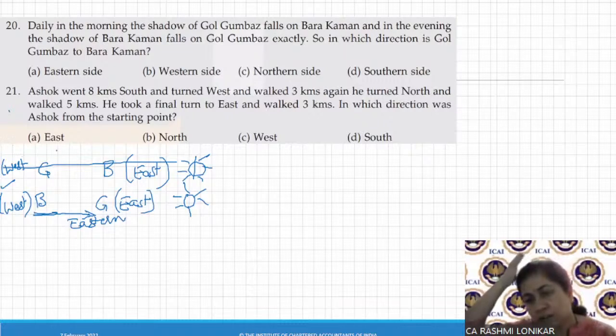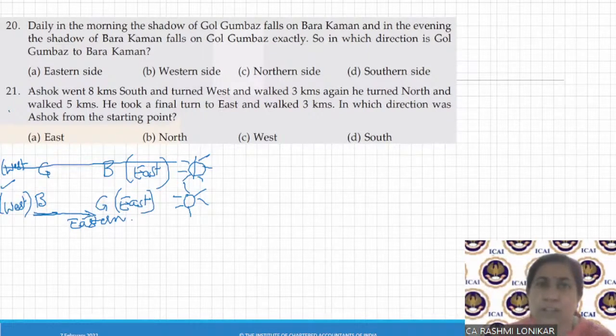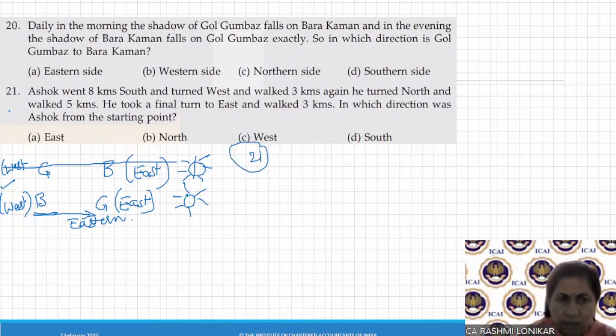Okay. So we had these two options. In the first option, Bara Kaman's shadow will fall on the Gol Gumbaz in the morning. But that is not the case. They are saying in the morning, Gol Gumbaz's shadow will fall on the Bara Kaman, and that is why this is the case. Okay. Now let us take the 21st one.